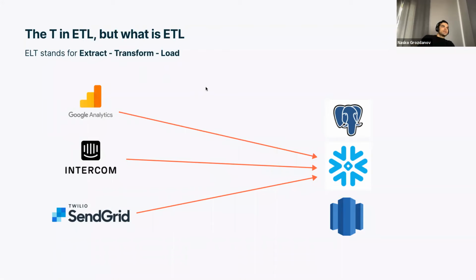So if I give you a typical example, if you have a user visiting your website, you might want to track him on the website. You might want to know which customer support messages he's given you. And you might want to know which newsletters he received that you sent through SendGrid, for example, right? But this poses a problem when you're trying to merge all that, which is that a user can have a different name in all these tools, and variables can have different names and be written differently.